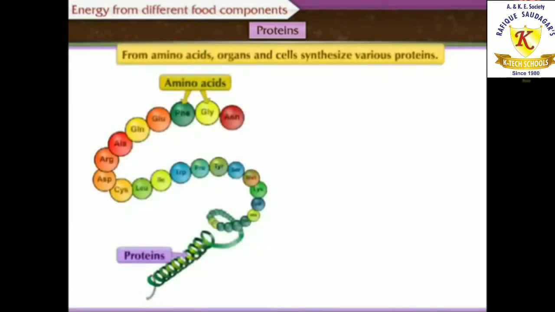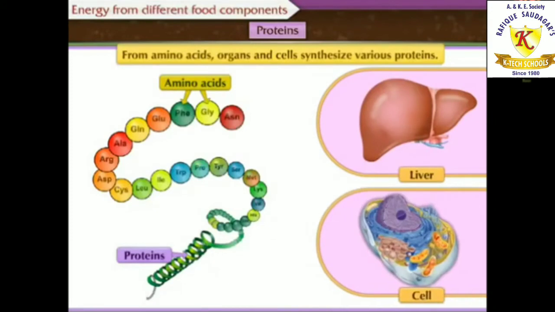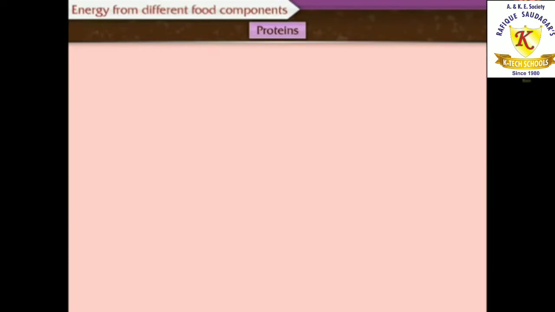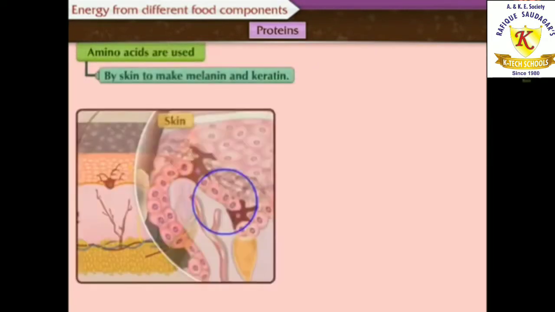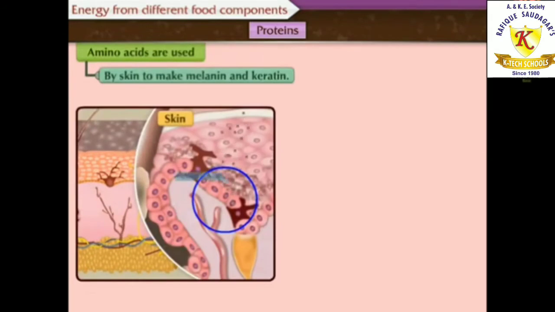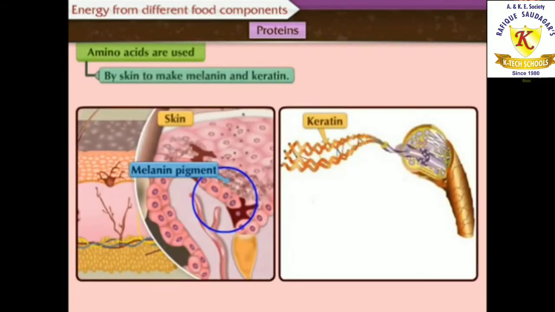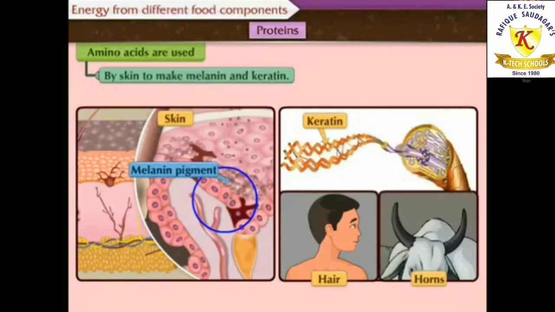From these amino acids, organs and cells produce various proteins which are necessary for themselves and the whole body. Some of the examples are: amino acids are used by skin to make melanin, the pigment, and keratin, the key structural material of hair, horns, etc.